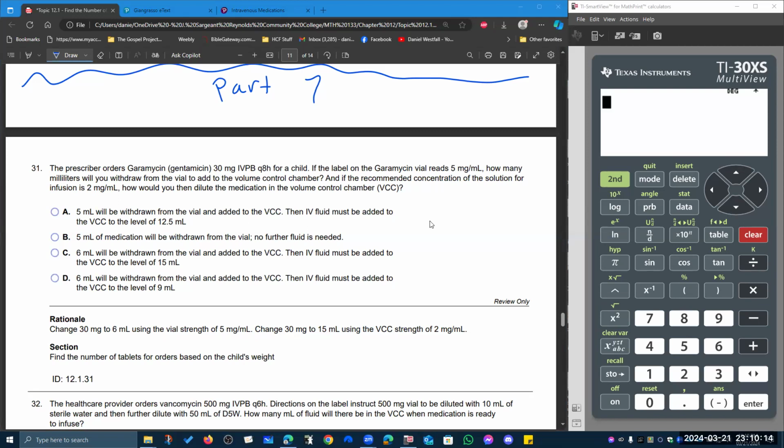The prescriber orders 30 milligrams IV PB every 8 hours for a child. 30 milligrams. The label on the vial reads 5 milligrams in 1 milliliter. Then we need 6 milliliters to be withdrawn from the vial.